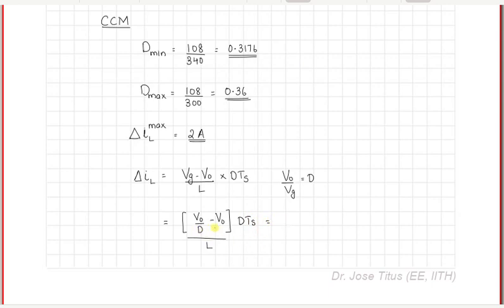And so D in the denominator gets cancelled. So you have Vo times 1 minus D divided by L times Ts.